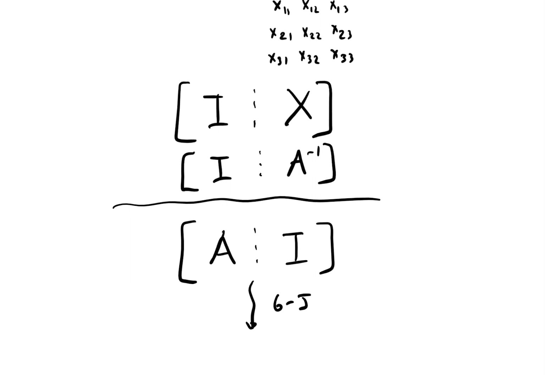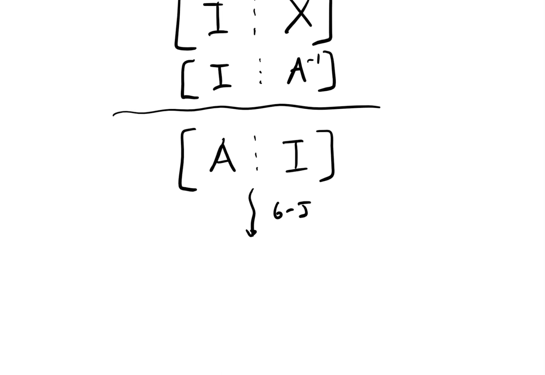If it doesn't work out, meaning you can't get the identity matrix, it's because your matrix is not invertible. Because when it's invertible, remember, you can reduce it to the identity matrix. If it doesn't work, you have a proof that you have a non-invertible matrix. And if it works, you get over there the inverse of A.